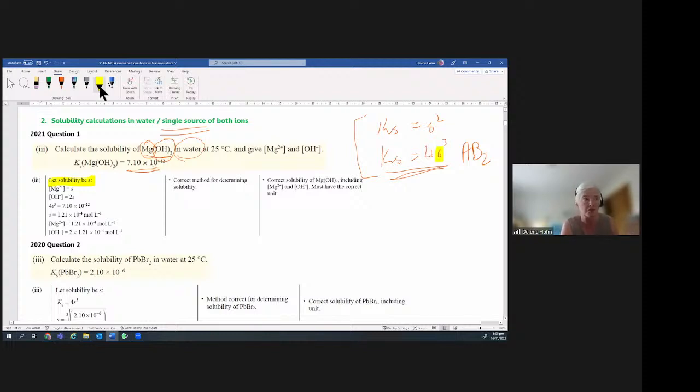It stands for solubility. And you're going to make the concentration of magnesium equal to S. And therefore, because there are 2 hydroxides for every 1 magnesium, the concentration of hydroxide is 2S. But otherwise, then it's a straightforward put into the equation, solve for it.